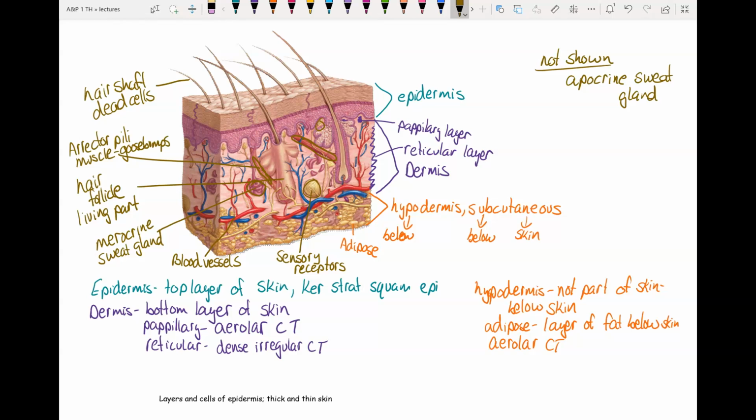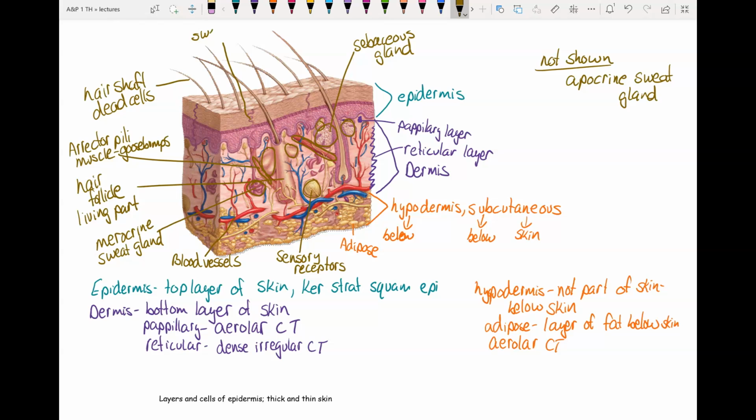Another thing attached to the hair follicle is a sebaceous gland. So in this picture right here, you can see it whole. And then here's a cross section of it. This is what makes the oil for your skin. And you have these little squiggly purple lines going through the skin.